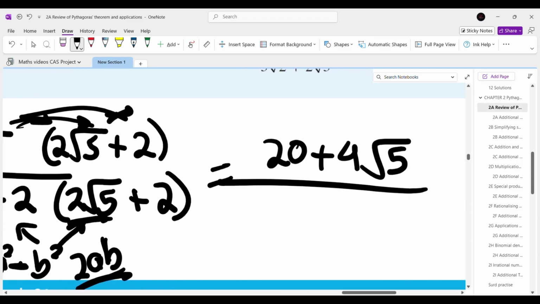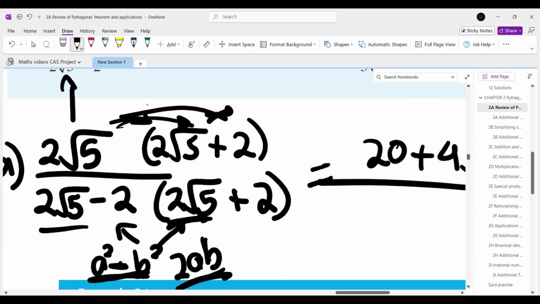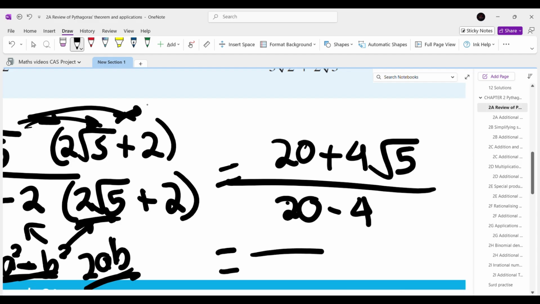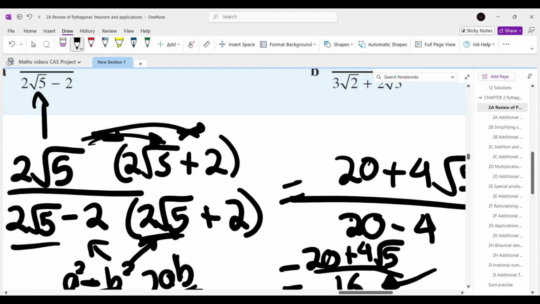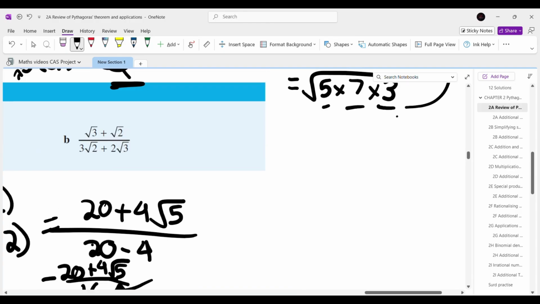And on the bottom, as you can see, difference of two squares, just use this formula. So it becomes 20 minus 4, which is in fact 16. So this is how you can express it without having an irrational denominator. You just use the conjugate of this expression.